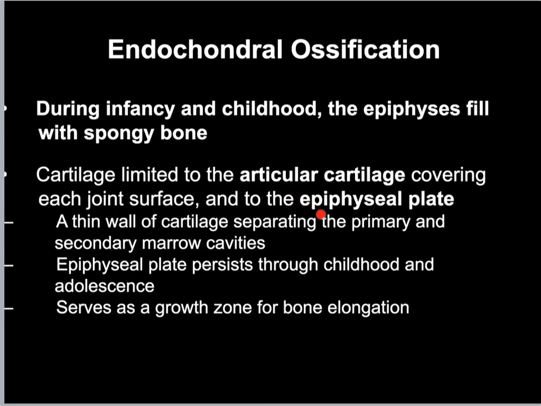So you have a metaphysis in early childhood, and it becomes an epiphyseal plate of cartilage, separating the primary and secondary marrow cavities, and that allows for bone growth and development. And that persists throughout childhood and adolescence until it eventually calcifies into the epiphyseal line at the end of your adolescent growth spurt.